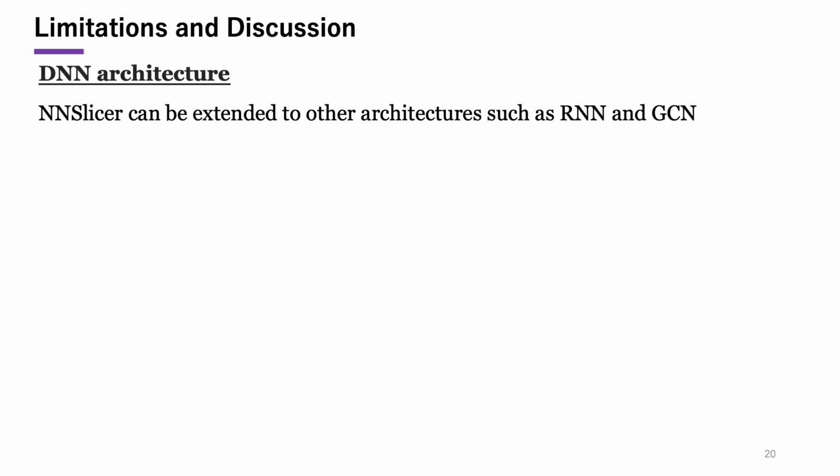Despite the interesting applications of NNSlicer, there are still several limitations. Currently, we only consider CNN models, but other architectures such as recurrent neural networks and graph convolutional networks are becoming popular.